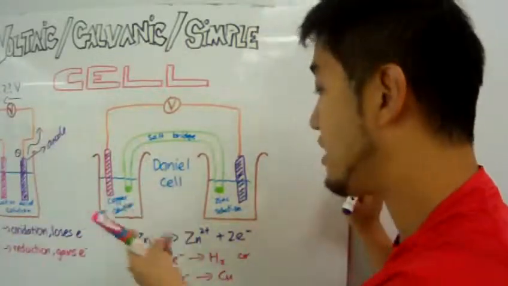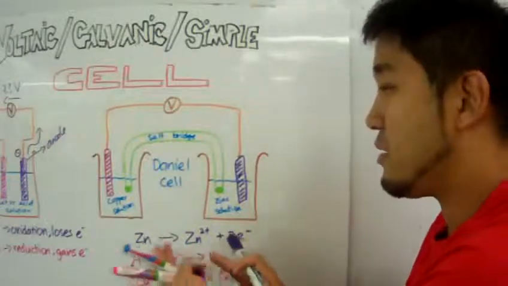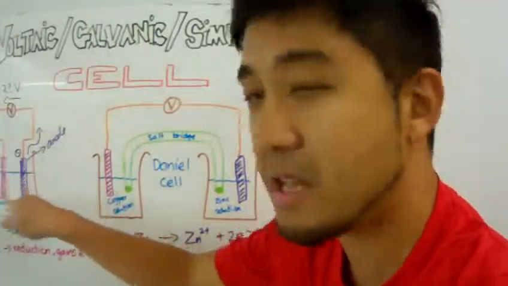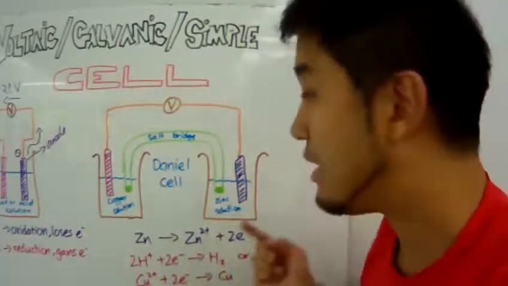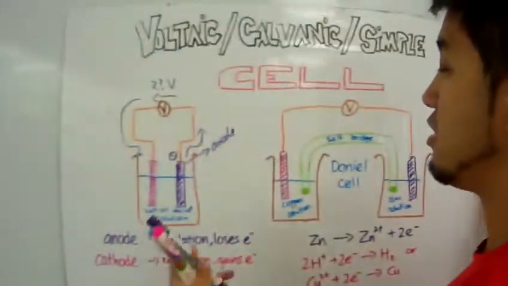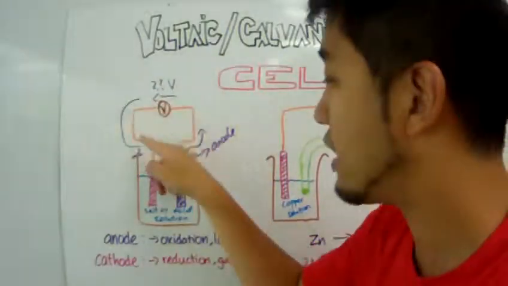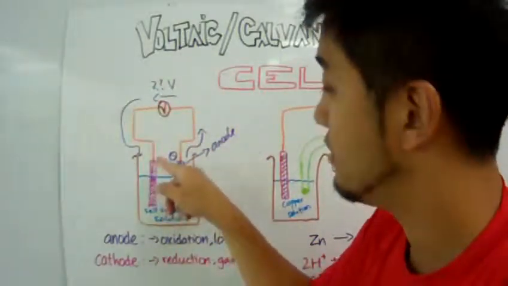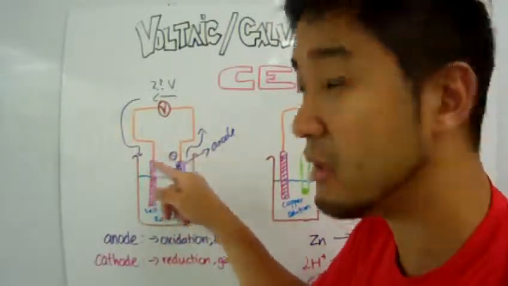It's going to dissolve in the acid solution, form zinc ions in that acid solution, and release electrons. The electrons are going to travel up the wire through the voltmeter, get a reading, and go down to the other electrode, the less reactive metal electrode.